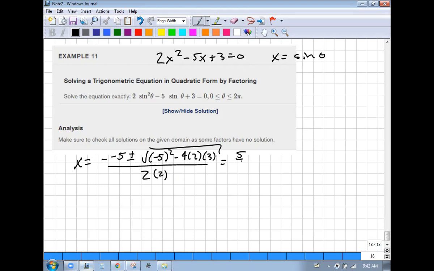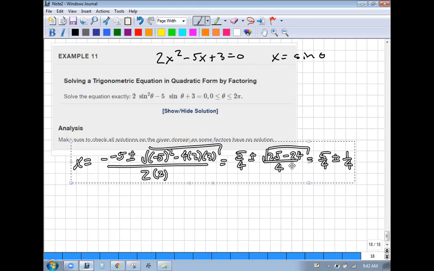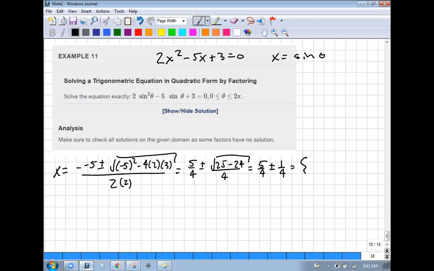So this is 5/4 plus or minus the square root of 25 minus, 4 times 2 is 8, times 3 is 24. This is 5/4 plus or minus 1/4. This is either 6/4 or 4/4. This is 3/2, and this is 1.